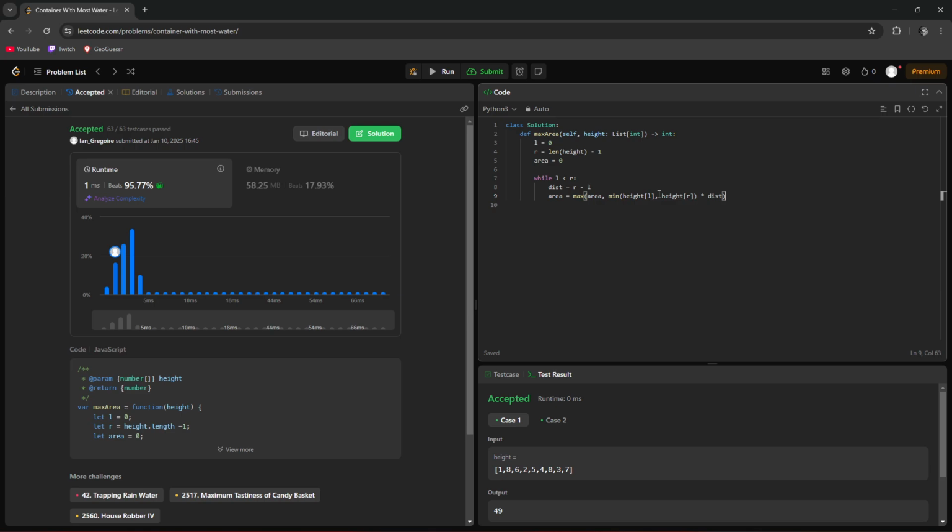I don't know why I'm switching things up. Keep it the same as in JavaScript. And then if height of L less than height R, if less, we went like this, and then R minus equals 1, else L plus equals 1.